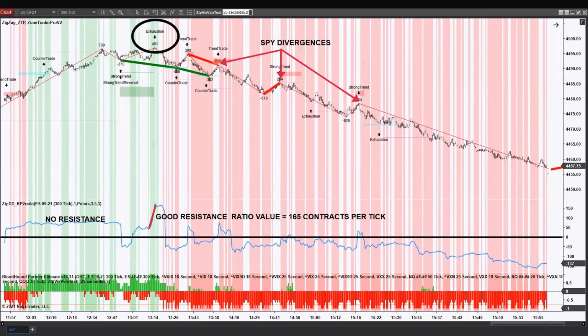This is why we use the SPY as a proxy for the ES. We find more divergences on the SPY. Now, here is my guess, my theory, my opinion, whatever you want to call it. The futures will slightly lead the cash market.